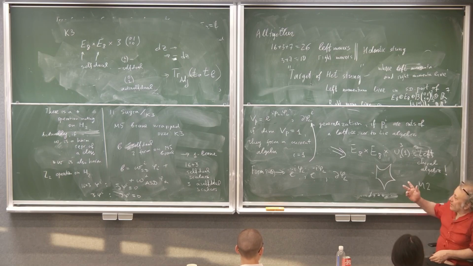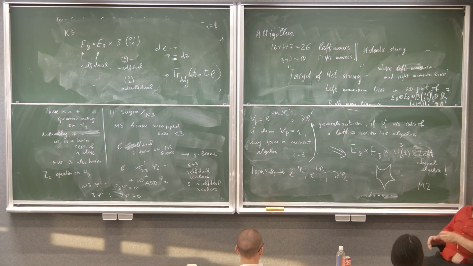So you'll get vertex operators that correspond to currents of E8 times E8. So that's it.